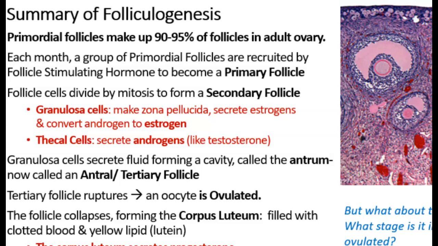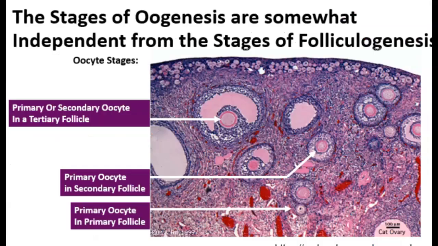Half of gametogenesis is the process of folliculogenesis, changing these follicle stages. But what about the oocyte? What stage is it in when it's ovulated? So let's look next at the stages of oogenesis.